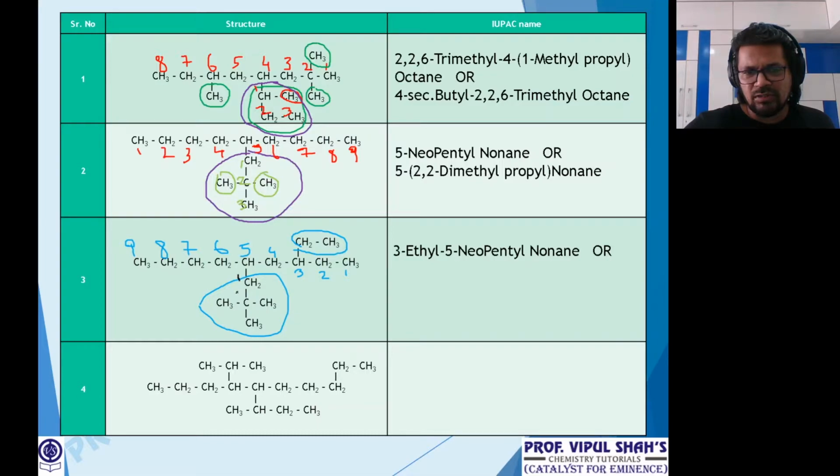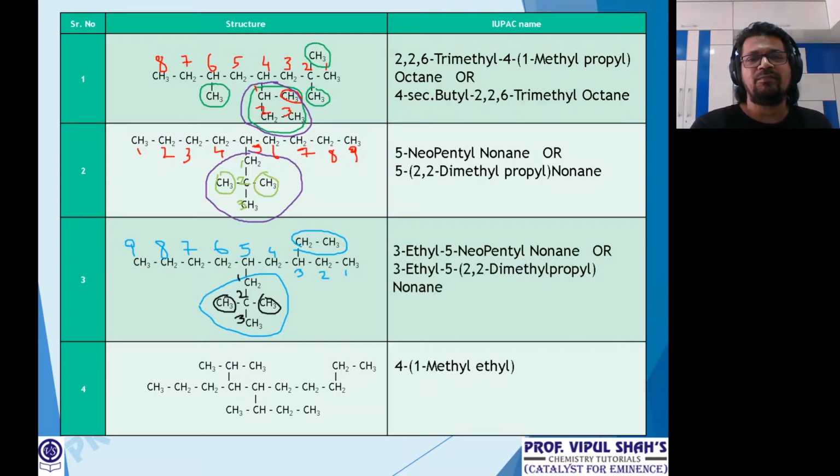So this is 1, that's 2, that's 3, and at 2 you have 2 methyl groups. So the name is 3 ethyl, 5 hyphen bracket 2,2 dimethyl propyl bracket closed, skeleton of 9 nonane. So look at that, 3 ethyl, 5-(2,2-dimethylpropyl) nonane.